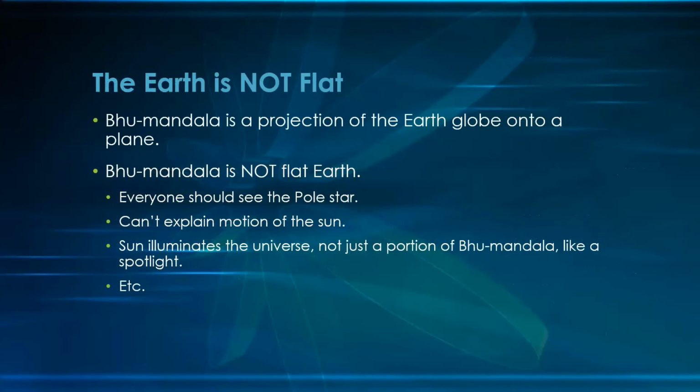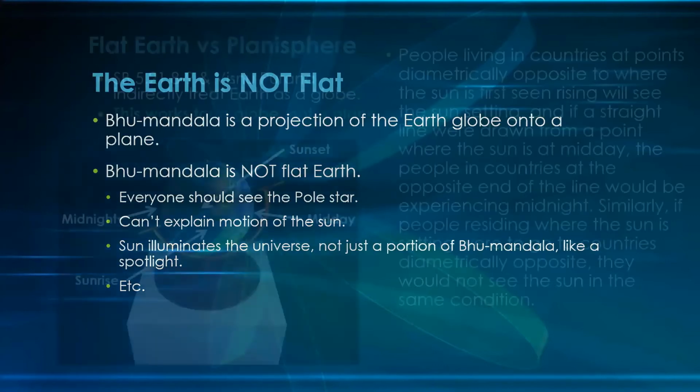But then let's look at another evidence, which is that the sun, according to the Bhagavatam, actually according to the Bhagavad Gita, illuminates the universe and not just a portion of Bhu-Mandala, like a spotlight.